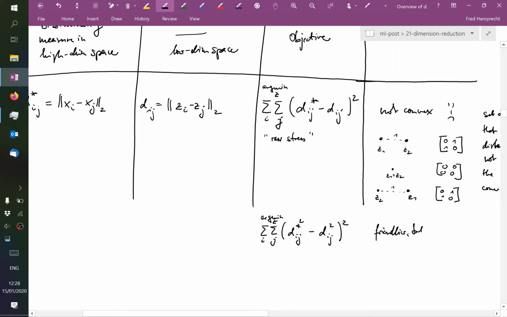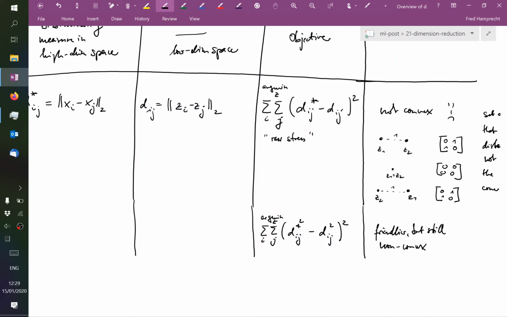Friendlier, but still non-convex. What do I mean by friendlier? Actually, you can find a globally optimal solution to this if you reduce the dimensionality by just one dimension. So Lohve found that out, but that doesn't carry us very far. To go from 10,000 dimensions to 9,999 is usually not what we want.